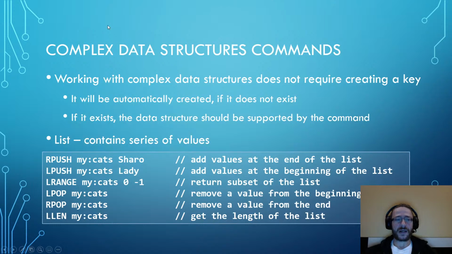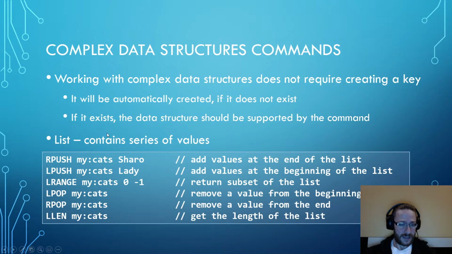So there are complex data structures in Redis too, not only the primitive types. Working with a complex data structure doesn't require creating a key and then creating a list, for example. Redis will automatically create the key for you if it doesn't exist.